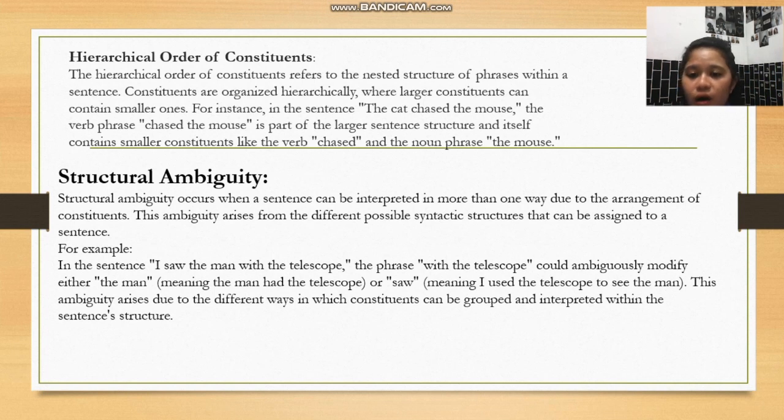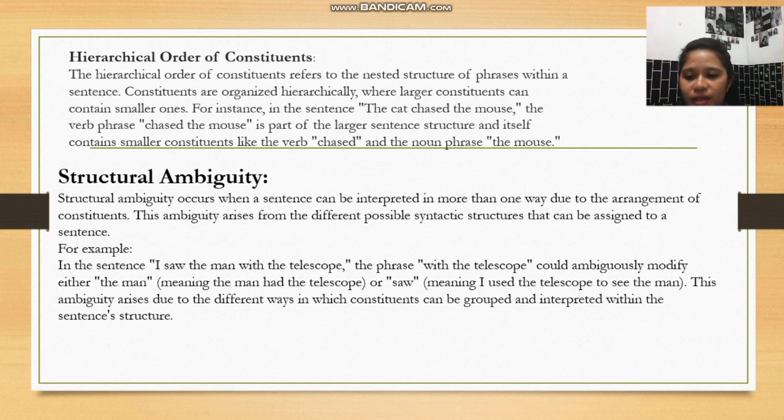Constituents are organized hierarchically, where larger constituents can contain smaller ones. For instance, in the sentence "the cat chased the mouse", the verb phrase "chased the mouse" is part of the layered sentence structure and itself contains smaller constituents like the verb "chased" and the noun phrase "the mouse".